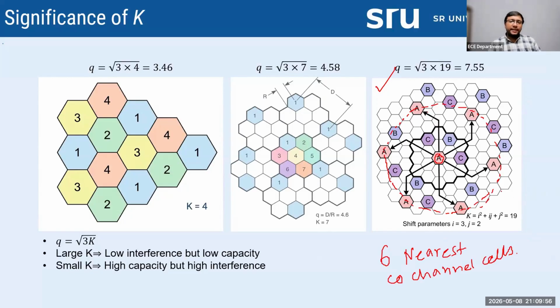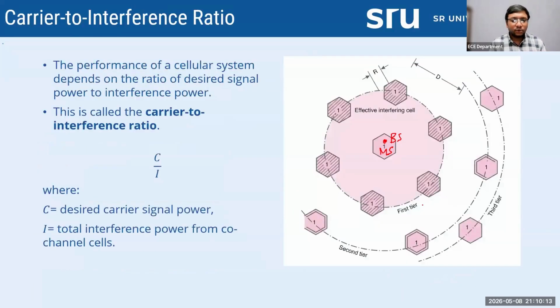If I repeat the pattern more and more to cover a very large area, there should be a second layer of this circle where the next nearest cells will be. So whenever I am looking at any cell, these 6 cells will be called the first tier cells.